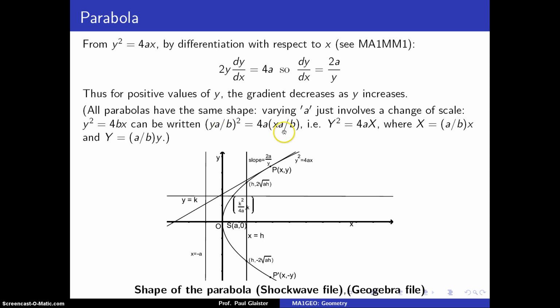And what this looks like, of course, is some coordinate squared equals 4a times another coordinate.